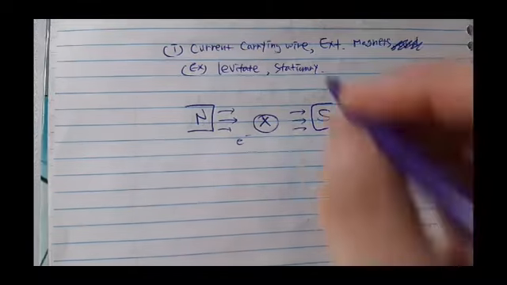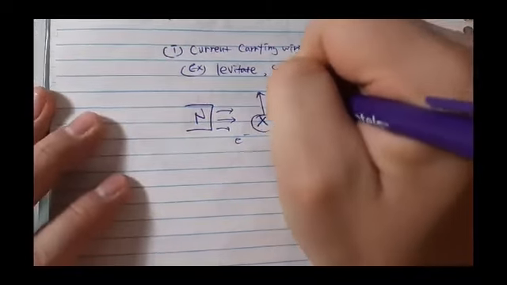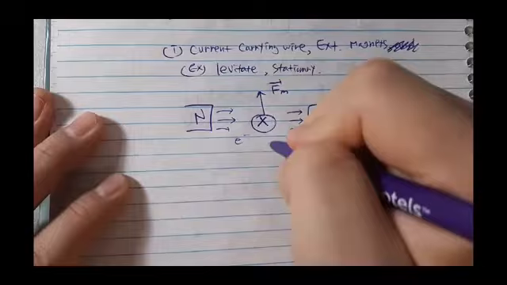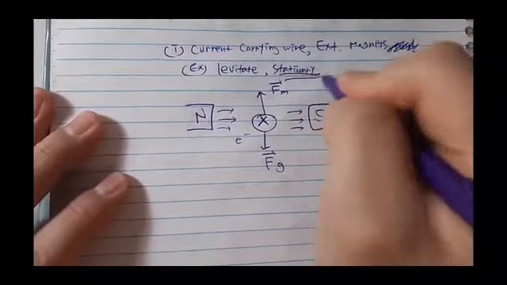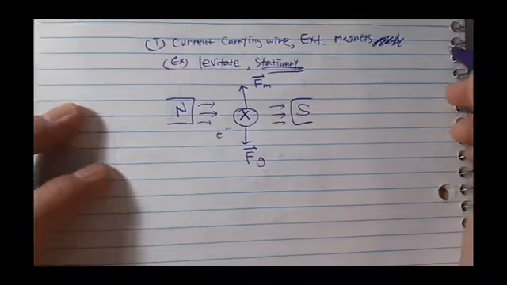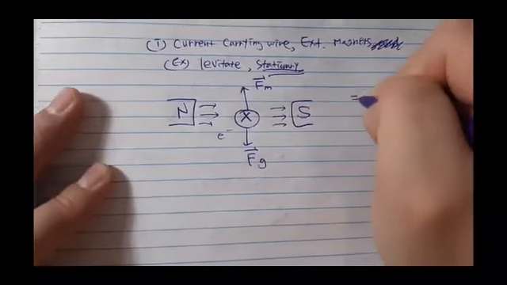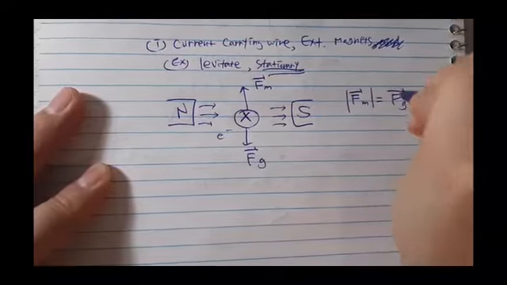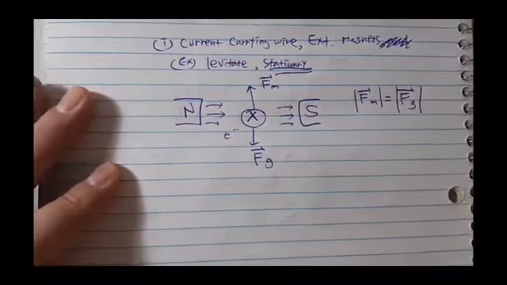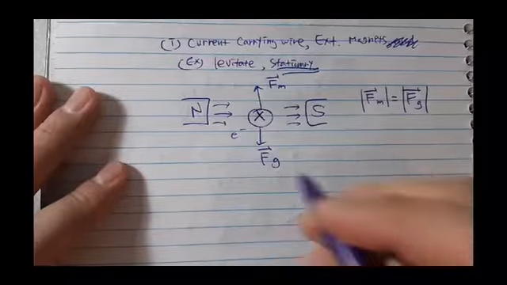So here's what you need to understand. My magnetic force goes up, but my gravitational force is going down. So if it's stationary or levitating and being stationary, that means my magnetic force should be balanced with my gravitational force. So you can have those relationships.